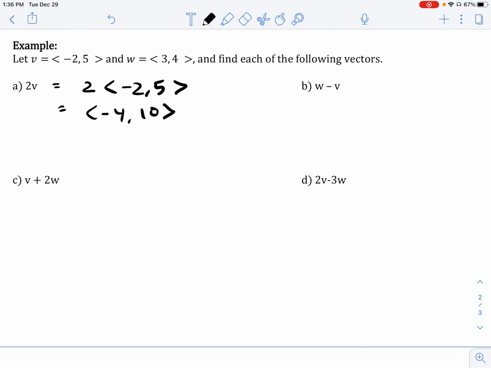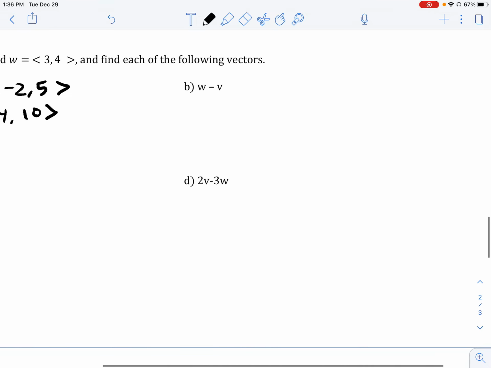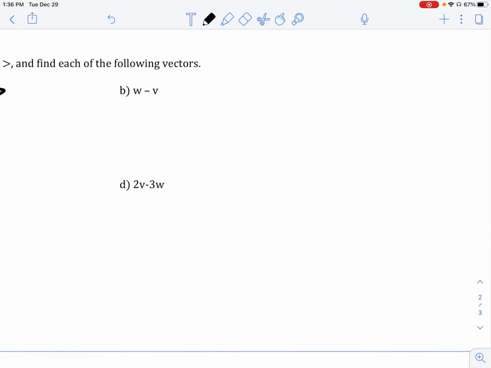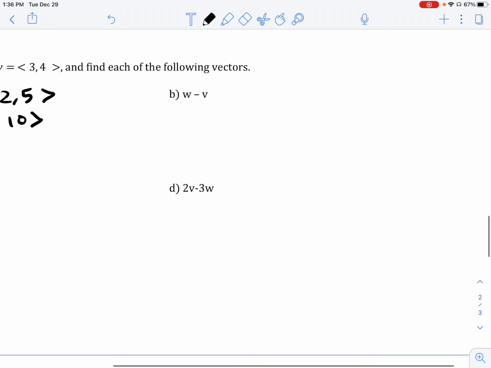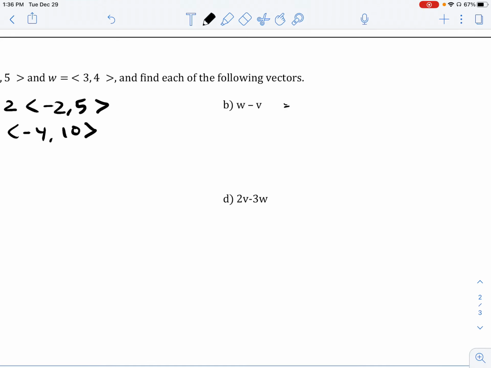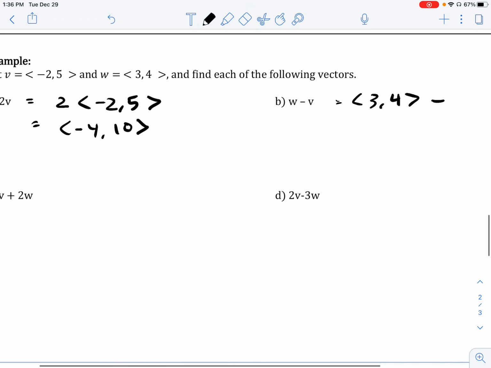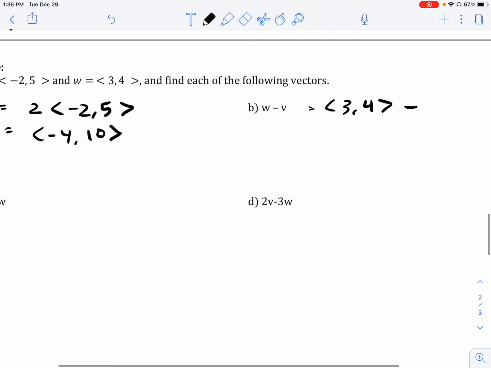All right, let me go ahead and try B. With B, we're doing w minus v. So w being 3, 4, this is going to be 3, 4, that vector, that's w, minus v. v is equal to negative 2, 5, and we're going to subtract here. So we've got 3, 4.